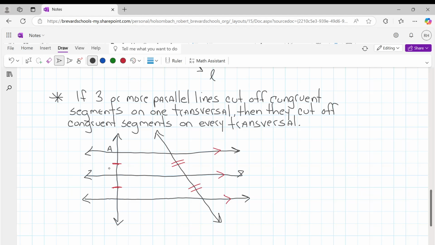So if AB is congruent to BC, segments along one transversal are congruent, then CD would be congruent to DE.